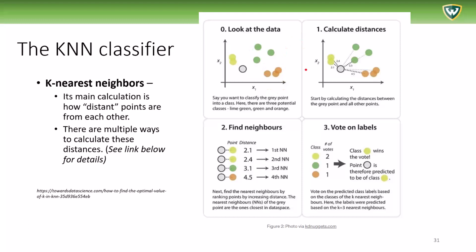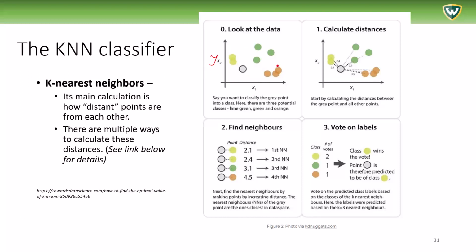I like this diagram here because it gives an idea of how it's working. Say you want to classify the gray point into one of the classes of the data, like lime green, green, or orange. You have existing ones plotted on this two-dimensional graph. We have an x variable and a y variable.